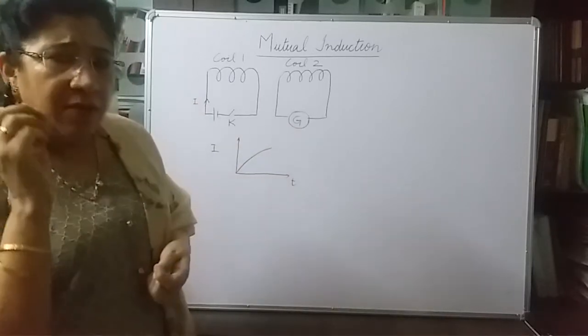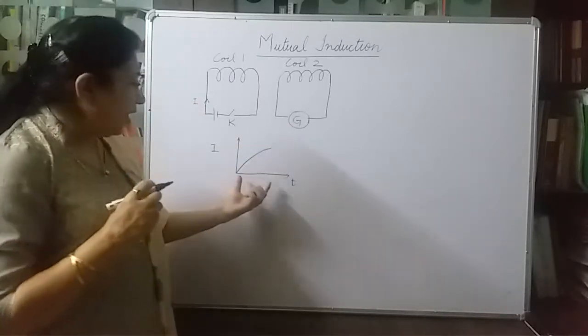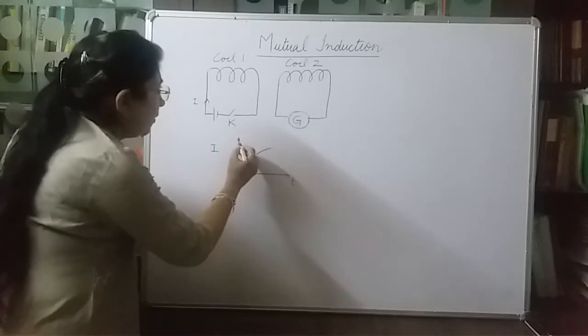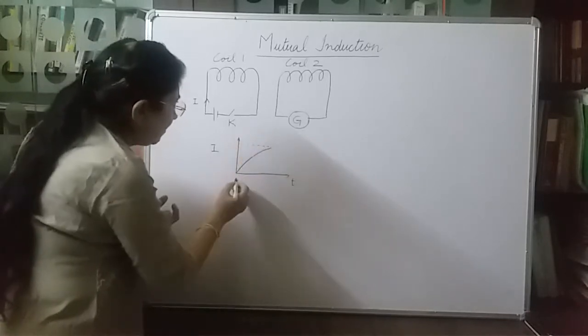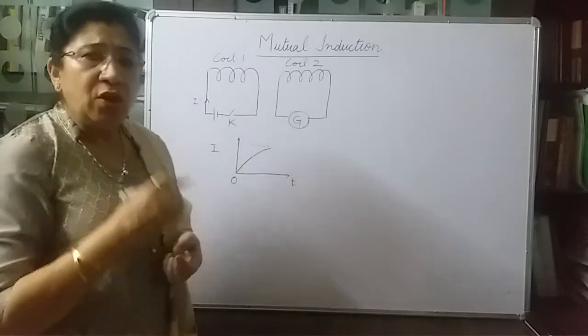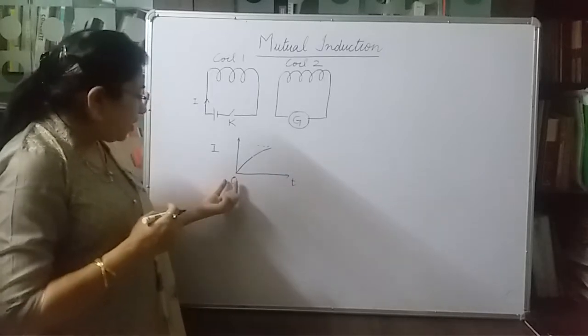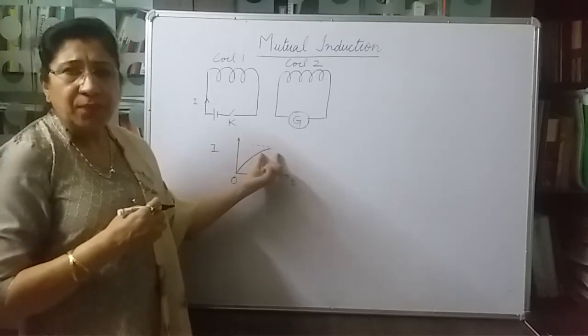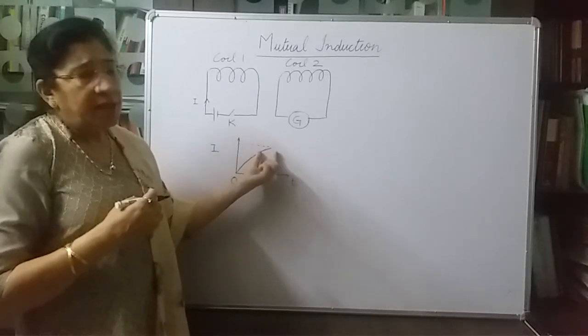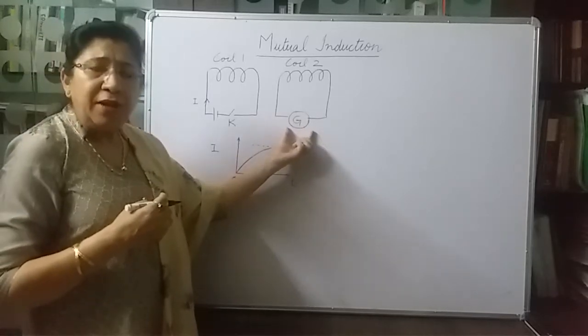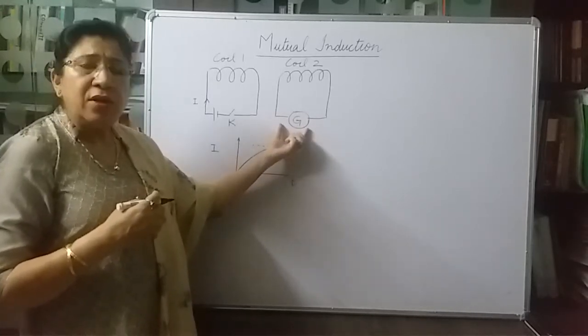It is a very small time in which the current rises from 0 to the maximum value, but still during this time the current changes from 0 to I. At this moment, a magnetic flux linked with coil 2 will change.